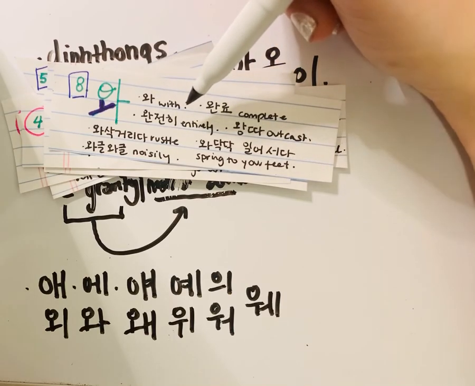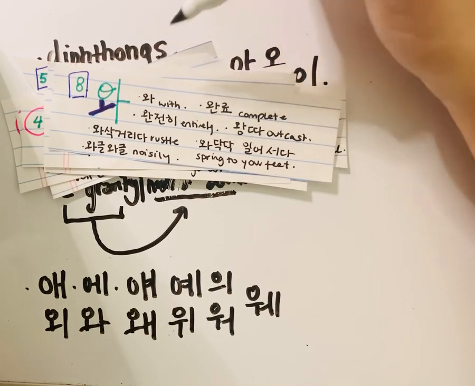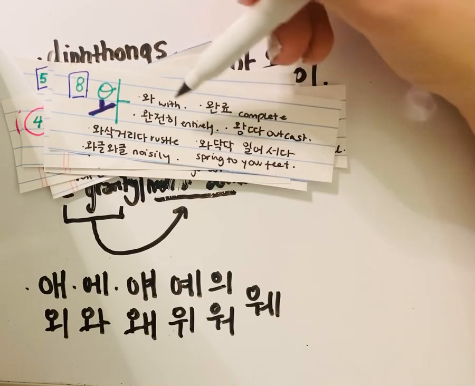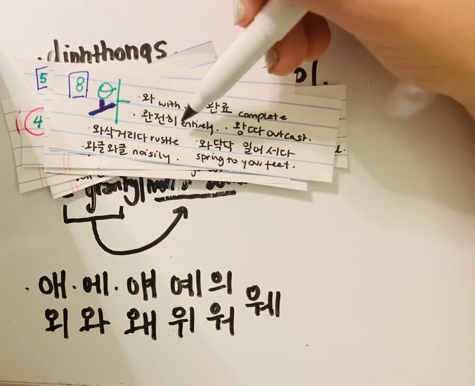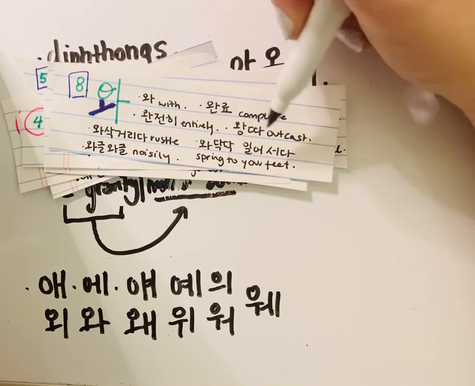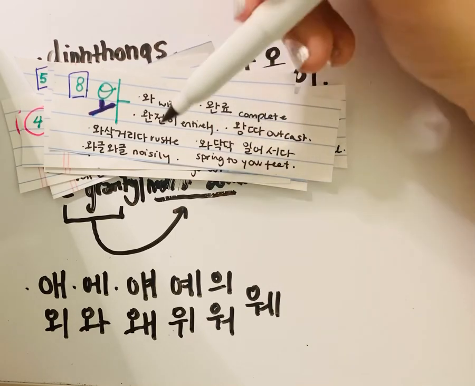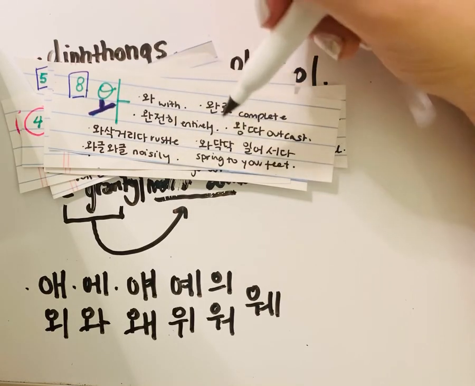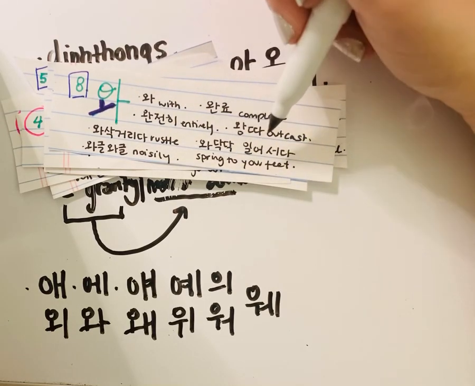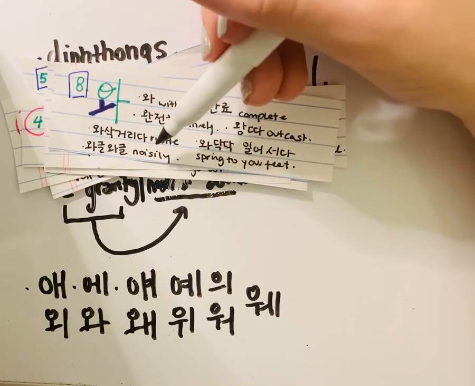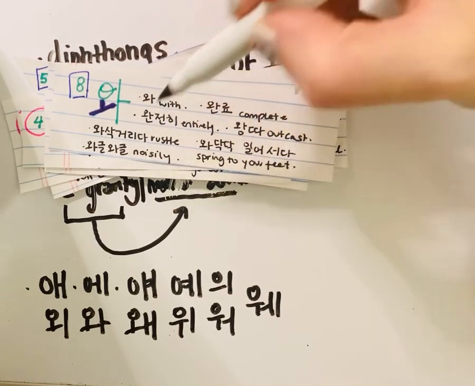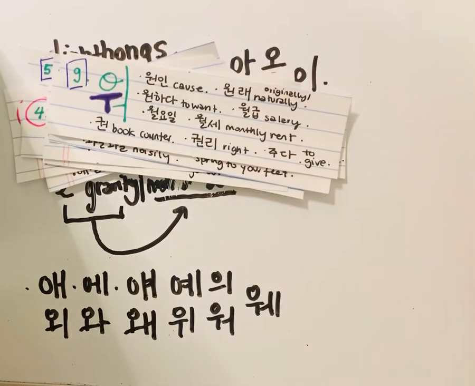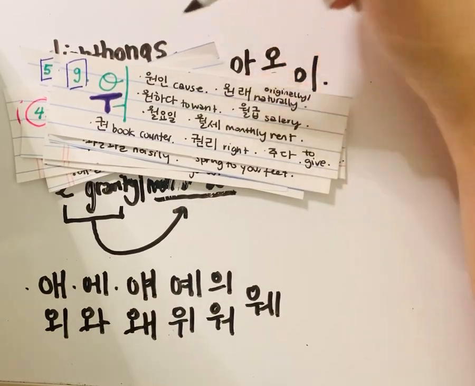It can also be 과, depending upon what comes before it. We have words like complete, 완료, entirely, 완전히, outcast, 왕따, rustle, 와싹거리다, to spring to your feet, 와다닥 일어서다, and noisily, 와글, which I thought was an interesting word when I first learned it.